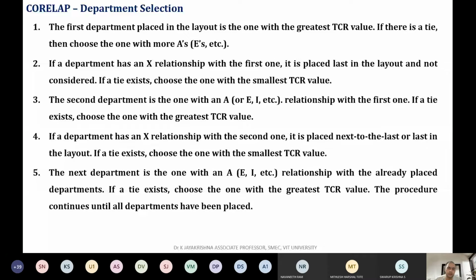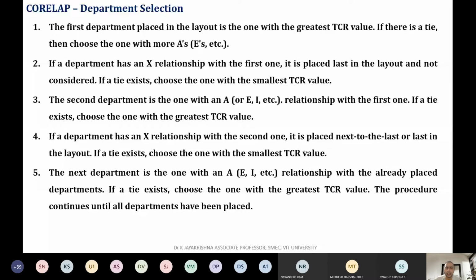In the ALDEP problem, we took department number 1 randomly, though I gave you a small hint to select the department with the largest area. But in CORELAP, the difference is you select the department based on a logical idea, by using the TCR value.